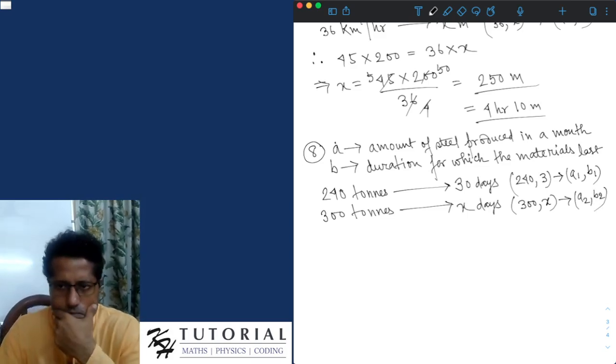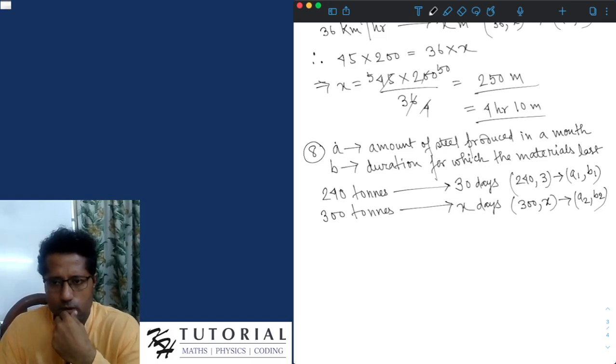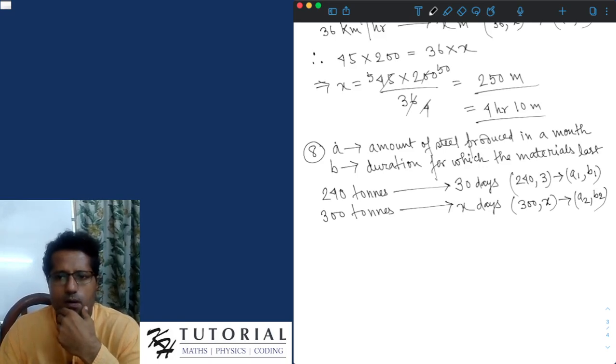I hope you understood that the two quantities we need to consider in this problem are A, the amount of steel being produced in a month, and B, the duration for which the materials last to produce A amount of steel in a month.